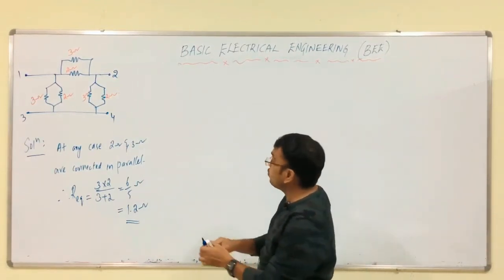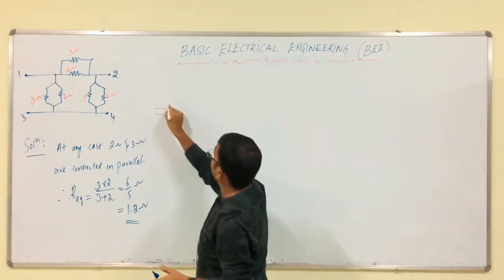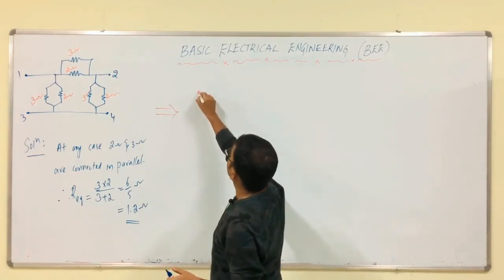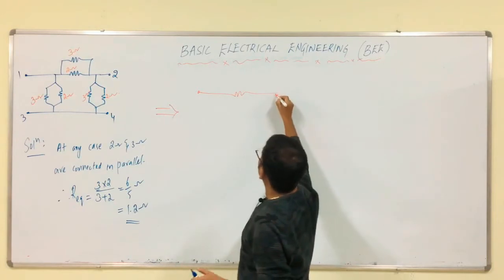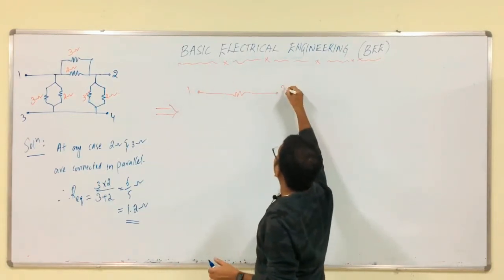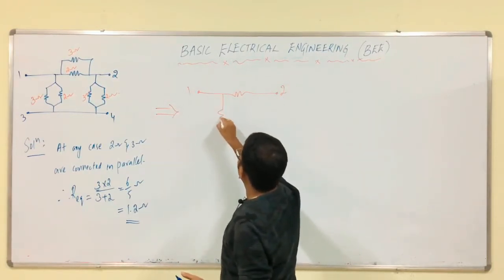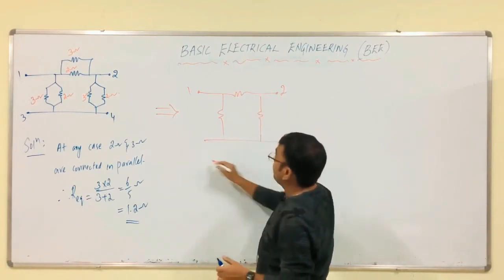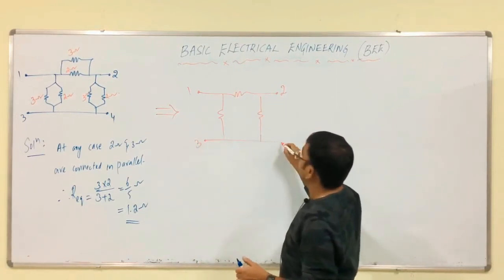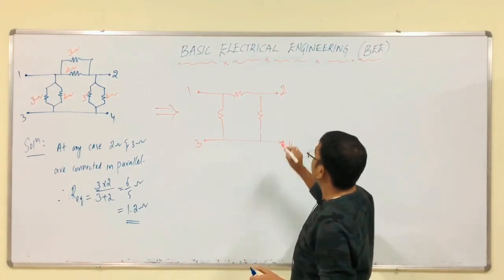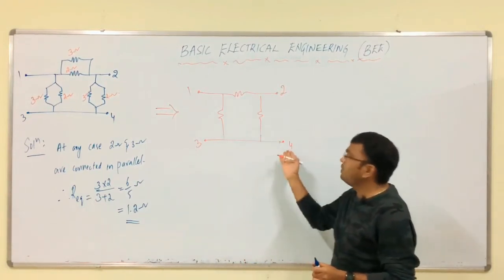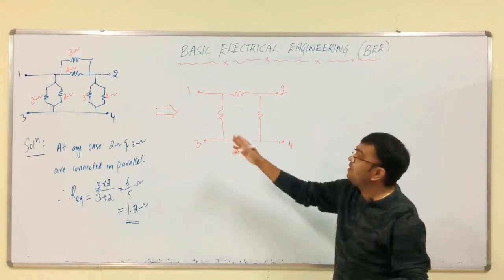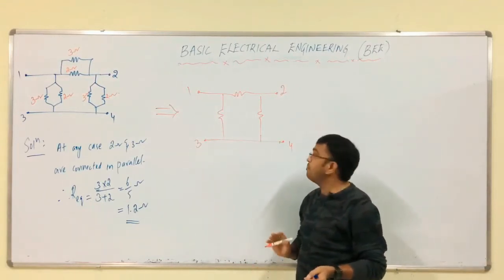Then the circuit becomes, this is terminal 1, terminal 2, this is 3, this is 4, or it could be 3 also, but given 3 and 4. Okay.